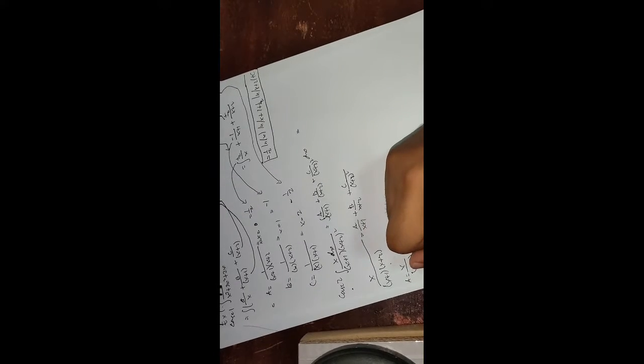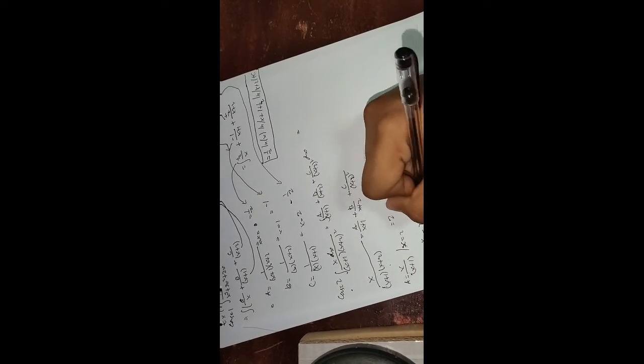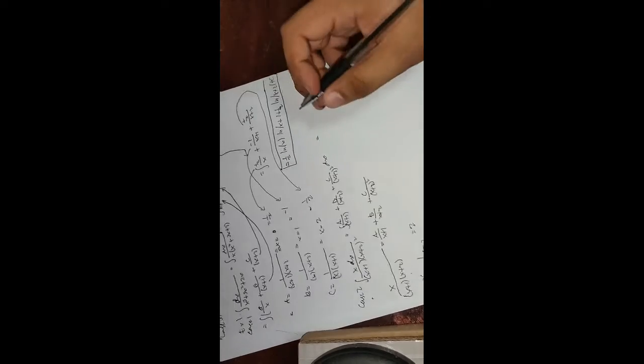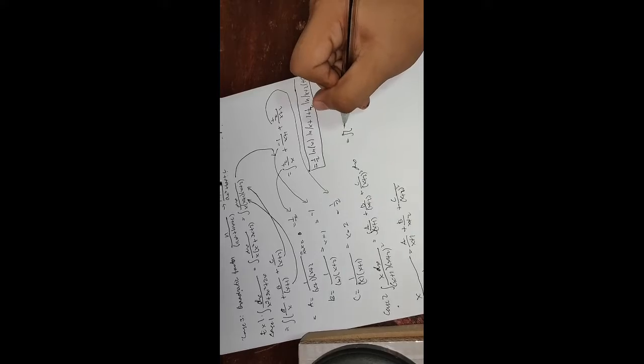For b, we have its derivative, right? X over x plus 1, so x here will become negative 2, and our final answer will be 1. So in c we have (x plus 2) raised to 2, our x will be here negative 1, and the final answer is negative 1.